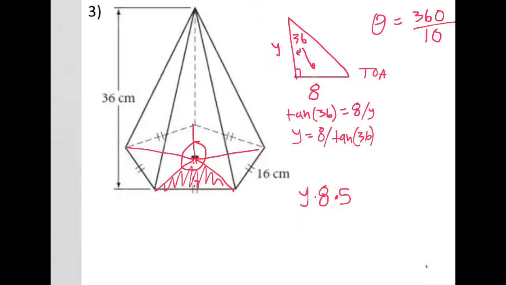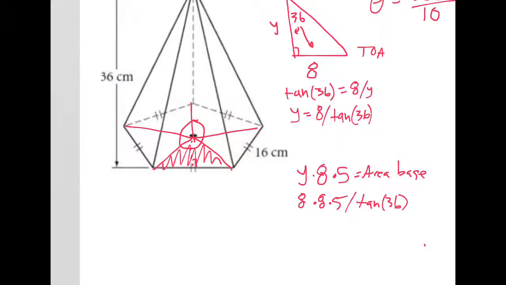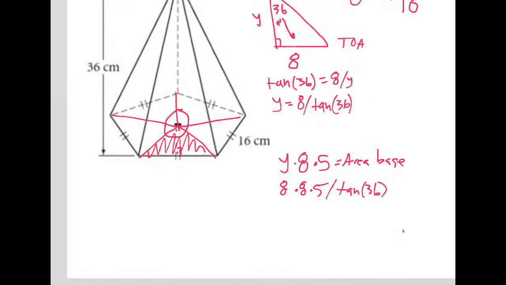So that y value times 8 times 5 is going to be the area of the base. So let's write that as 8 times 8 times 5 divided by the tan of 36. So that's going to be the area of the base.